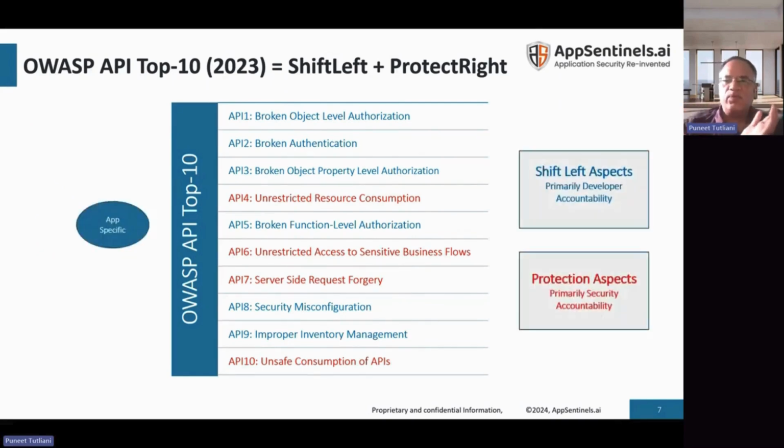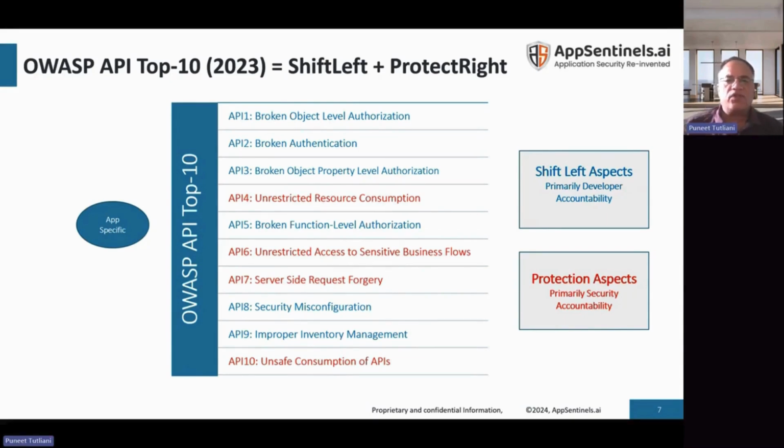If you see all the blue color controls, things like broken object level authorization, broken authentication, broken object property level authorization, or broken function level authorization, or for that matter, security misconfiguration and improper inventory management, these all have very strong shift left aspects. And I would also say that the primary ownership here lies with the development or the product teams of the organization.